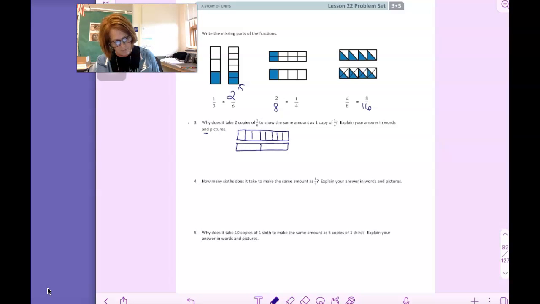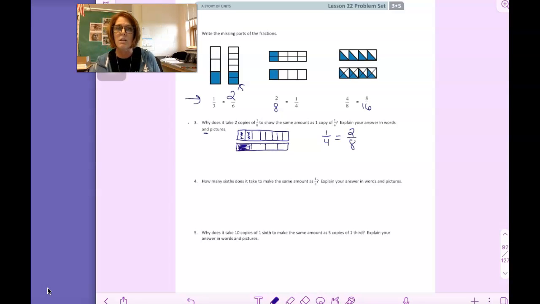Whoops. For fourths, we're going to have 3 lines. I'm so sorry. So it takes 2 copies of 1/8 to shade in the same amount as 1/4. Why is that? So 1/4 is equal to 2/8. Remember what we said up here about these?